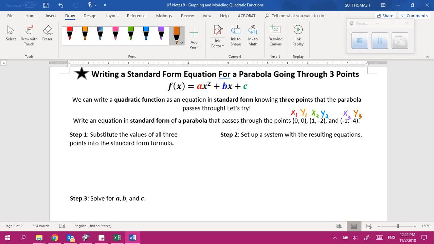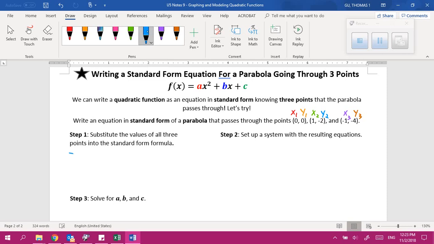So I'm going to start with the second point first. Each point has an x and y value. We're going to substitute those into this equation, f of x equals ax squared plus bx plus c. F of x is y, right? And then you see the x is in there. So watch, I'm going to start with the point 1, negative 2. What's the y value in 1, negative 2? Negative 2, right.